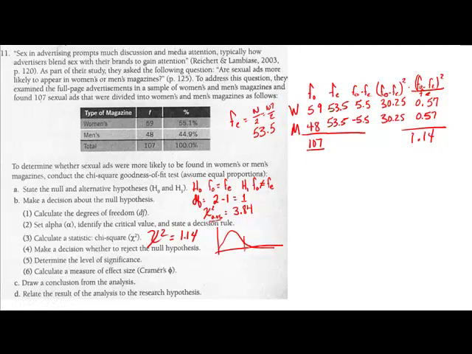My decision rule said I needed to get out to 3.84 in order to reject the null. I'm at 1.14.